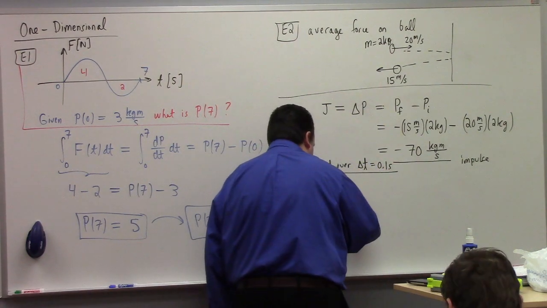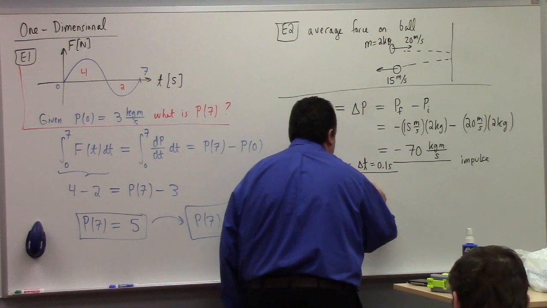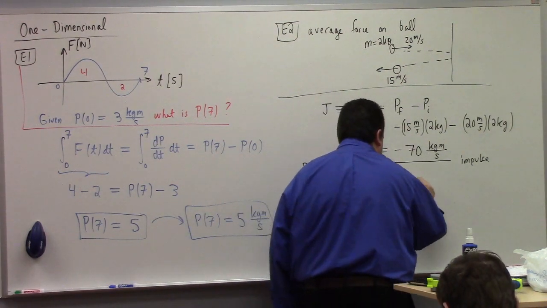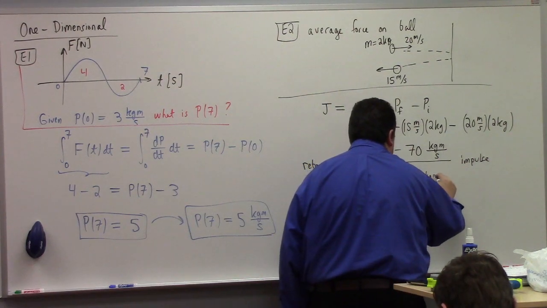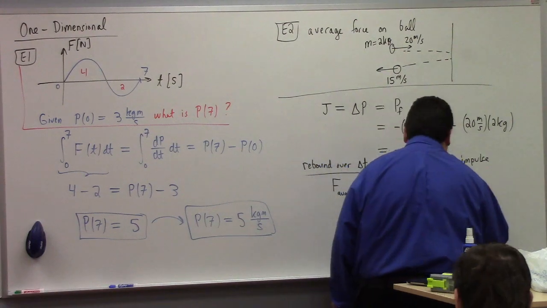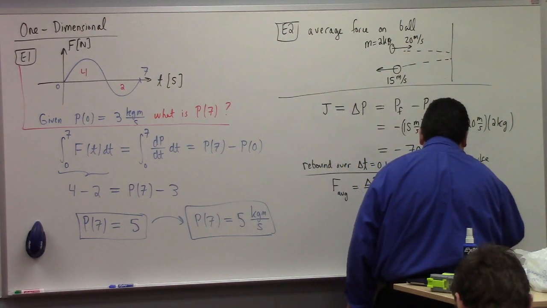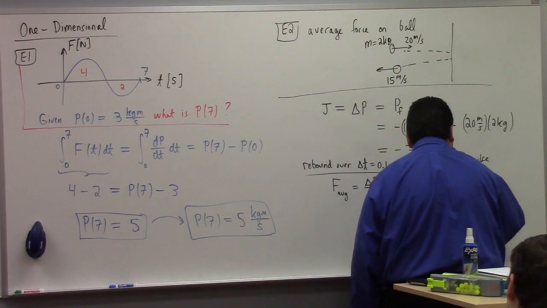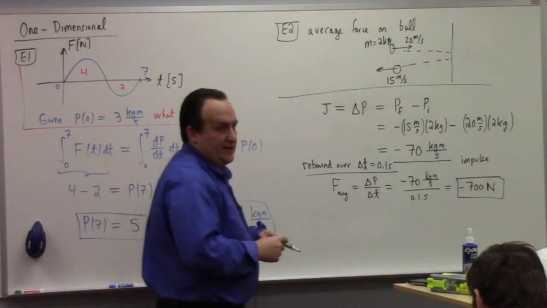Then the average force would be, of course, delta p over delta t, which in this case would be minus 70 kilogram meters per second divided by 0.1 seconds, which would then give me minus 700 kilogram meters per second squared, which of course we know is a Newton.